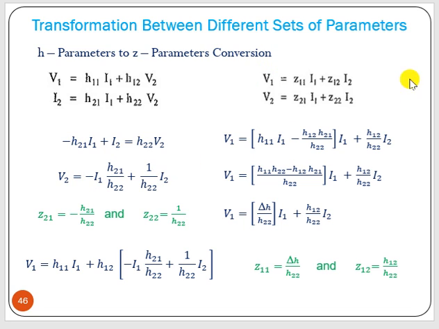Now for the Z parameter, you have to write V1 in terms of I1 and I2, and we can equate that. So this particular term, minus H21 by H22, is nothing but Z11, and Z12 is 1 by H22.